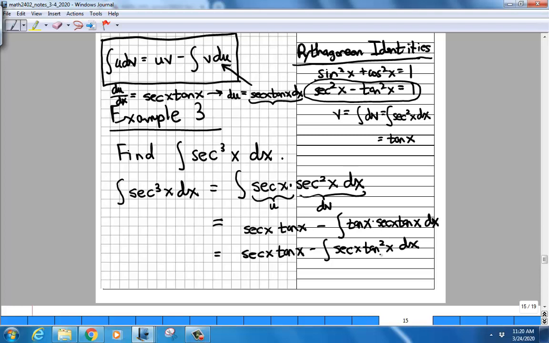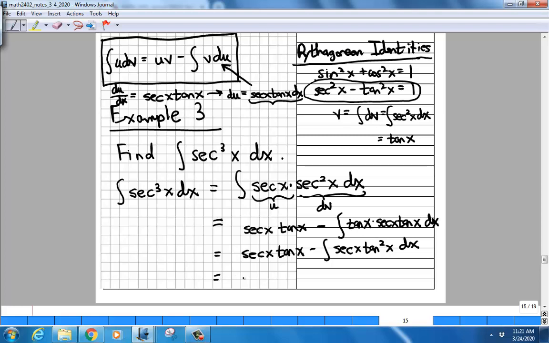I'm going to write the two tangents together as tangent squared, so I have secant times tangent squared of x. So we might think, I don't know how to integrate secant times tangent squared x, right? It looks like my integration by parts formula is not going anywhere, because this second integral looks worse than, or at least no better than, the original antiderivative.